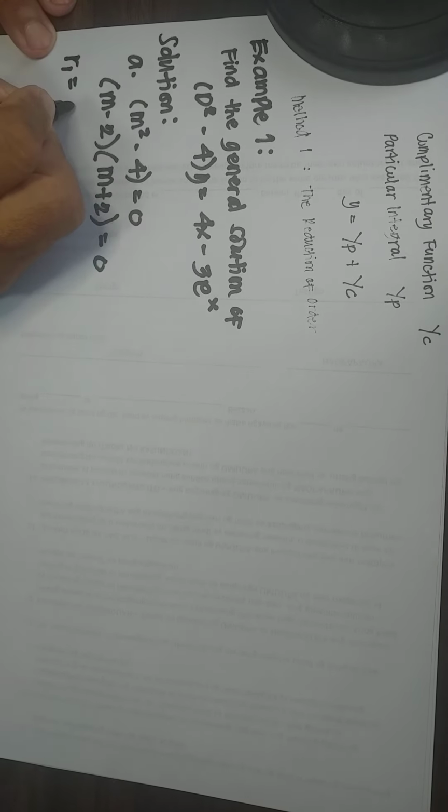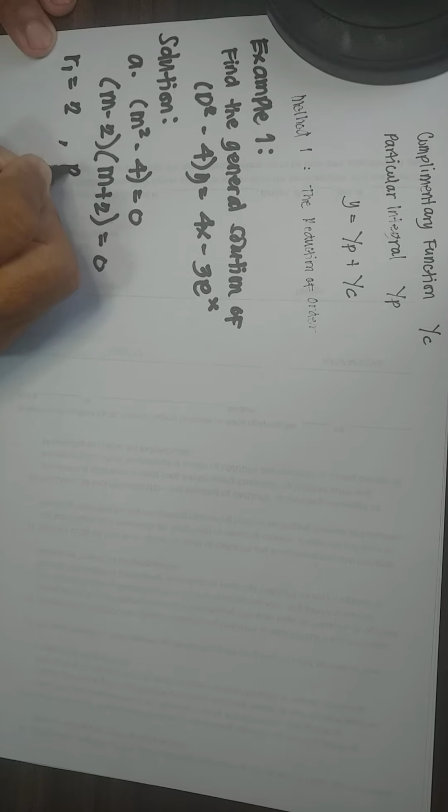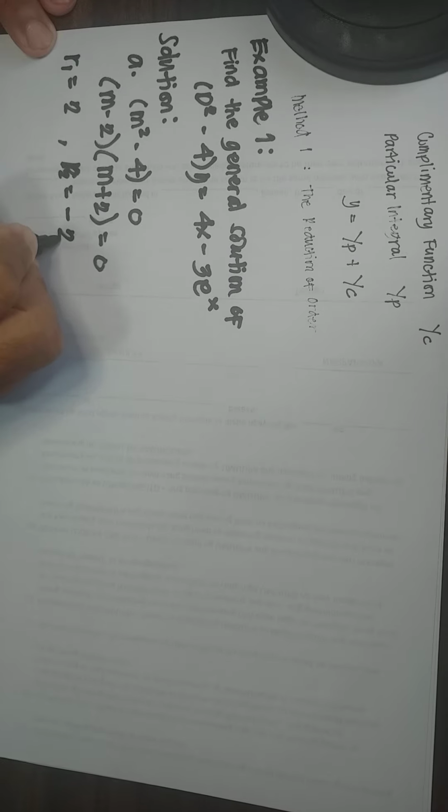The roots, therefore, r sub 1 is equal to 2, and r sub 2 is equal to negative 2. So the factored form of the equation, therefore, is D minus 2 times D plus 2 y is equal to 4x minus 3e to the x.